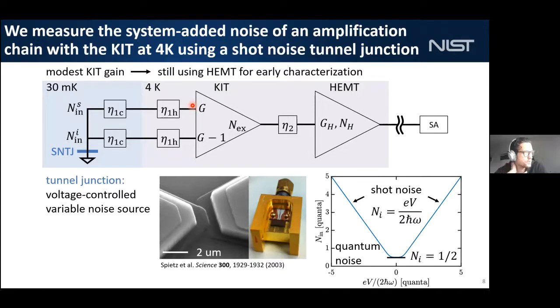I'm not sure, can you rephrase? I'm not sure I understood your question. Because in your diagram, your idler is the 30 millikelvin black body radiation. But if your KIT is operated at 4K, the black body radiation at 4K should dominate your idler. Yeah, the thing is that it doesn't matter for paramps because the noise in paramps only comes from the idler input mode.